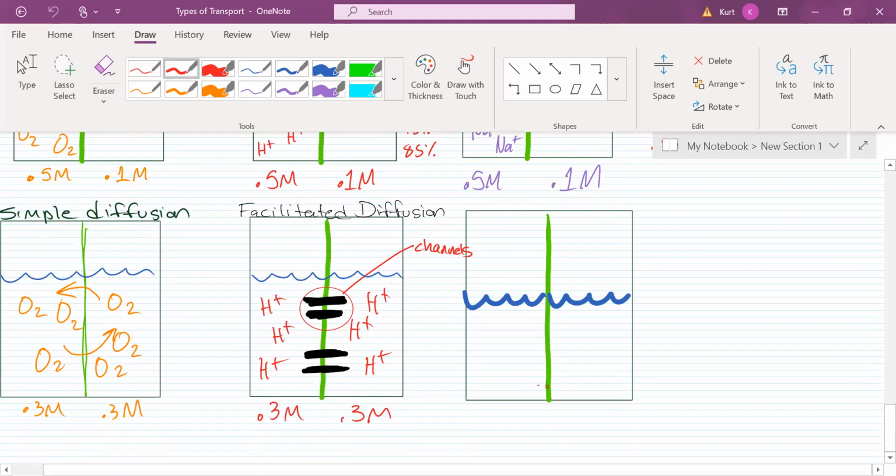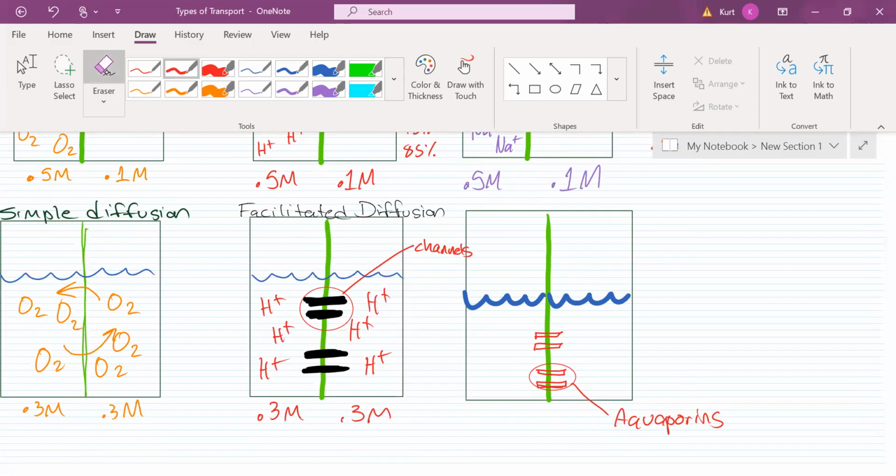So what we have to do is we have to draw some pumps. These are called, if you remember from lecture, aquaporins. Aquaporins are a type of protein pump which allows water to diffuse across them, so it doesn't have to worry about the membrane. So with that being said, the water level is going to change.